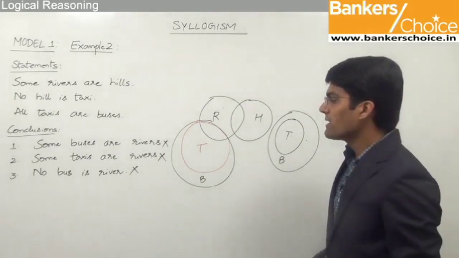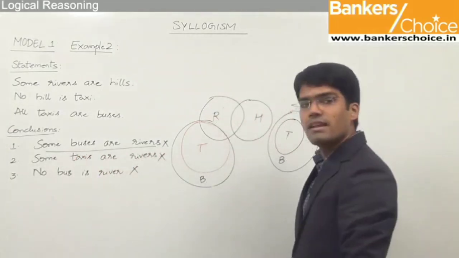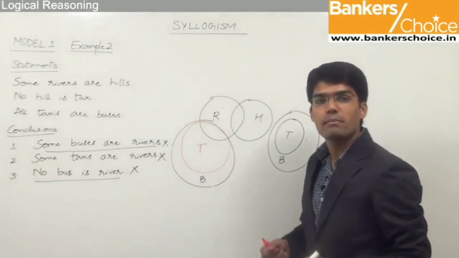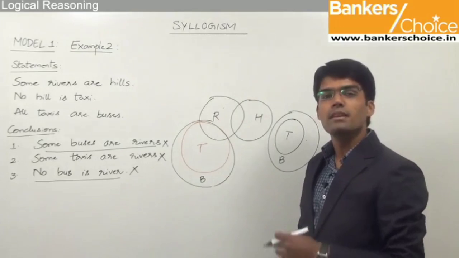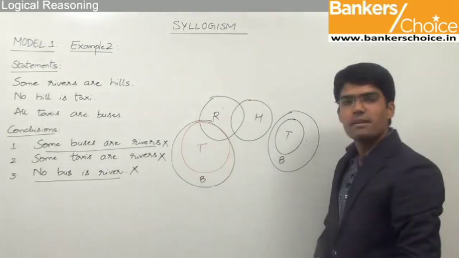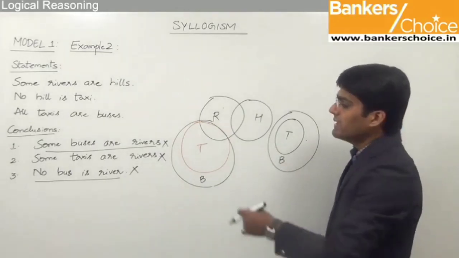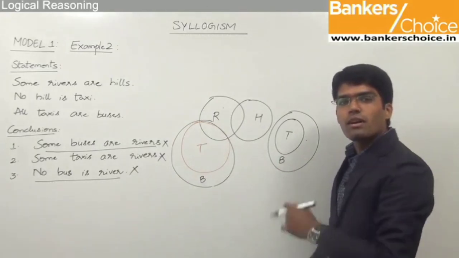But then if we try to observe, conclusion number 1, that is some buses are rivers, and conclusion number 3, no bus is a river, form a complementary pair. We know that some A's are B's and no A is B is a complementary pair. So if we try to check these complementary pairs of conclusions from these 2 diagrams, we find that each of these conclusions is either true in one of the cases or in the other case.